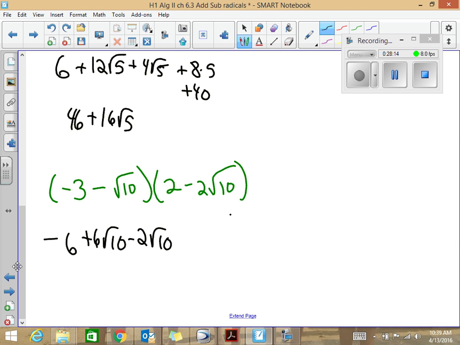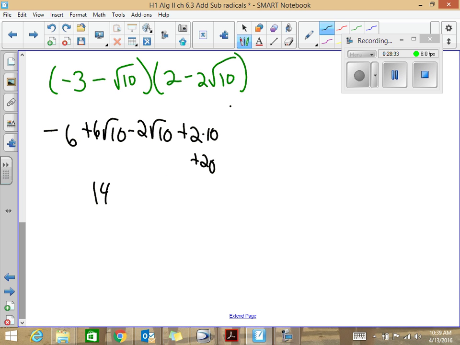Now negative radical 10 times negative 2 radical 10 is negative 1 times negative 2, which is positive 2, right? And then radical 10 times radical 10 is 10. So that becomes a 20. Does that make sense? Do you all get that? So it becomes 14 plus 4 radical 10. Okay? Now everybody stay logged on.